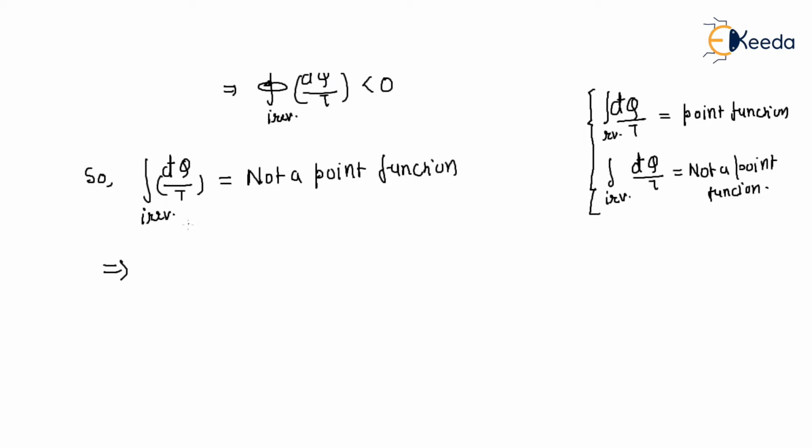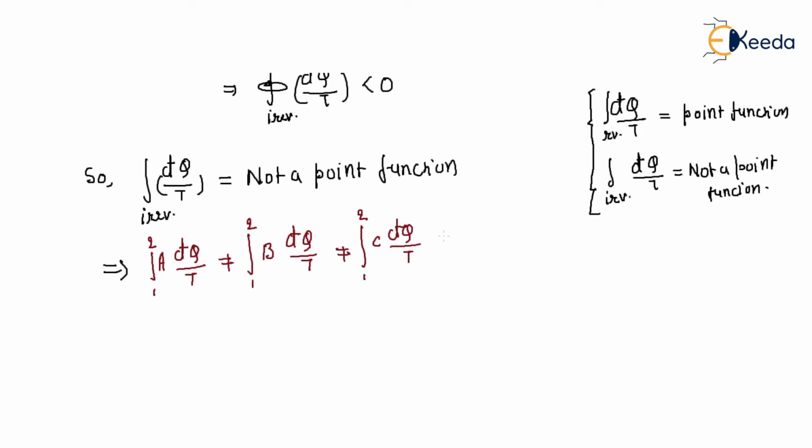So the integration from 1 to 2 via path A of dq by T is not equal to the integration from 1 to 2 via path B of dq by T, which is not equal to the integration from 1 to 2 via path C of dq by T. Why?